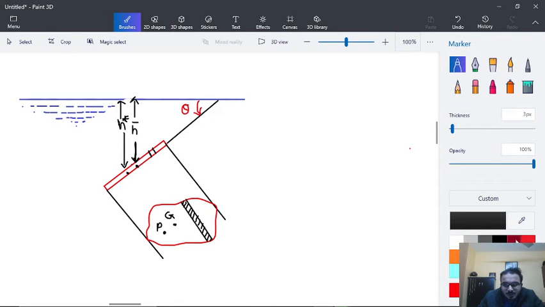And the force that is being applied here is dF. This point will be considered as O, and this will be a plane.